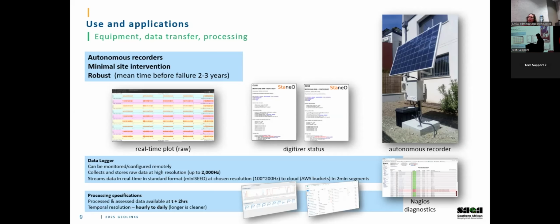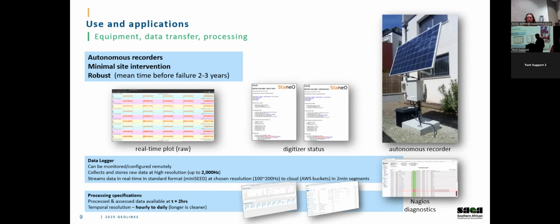We're looking at raw stream data samples here, all the parameters for the digitizers, and the lower right, which I might be in the way for some of you, but it's an example of the Nagios diagnostics platform, which we use to monitor the health of our instruments in real time, and that can be configured with alerts and can send SMS, email to the designated person to respond immediately to any problem.